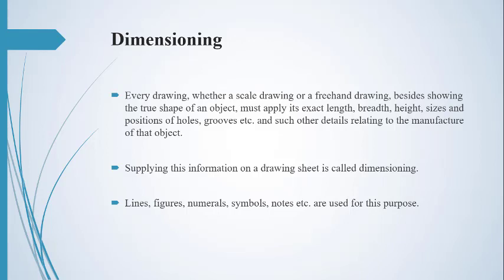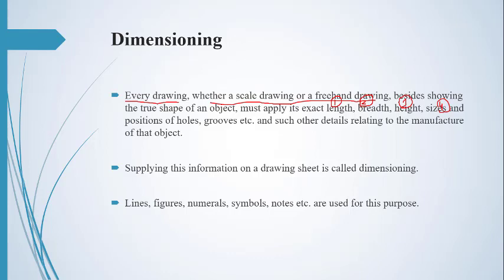So in the dimensioning, every drawing, whether a scale drawing or a freehand drawing, besides showing the true shape of an object, must apply its exact length, the second one breadth, the third one height, fourth one sizes and position of the holes, grooves, etc., and such other details relating to the manufacture of the object.